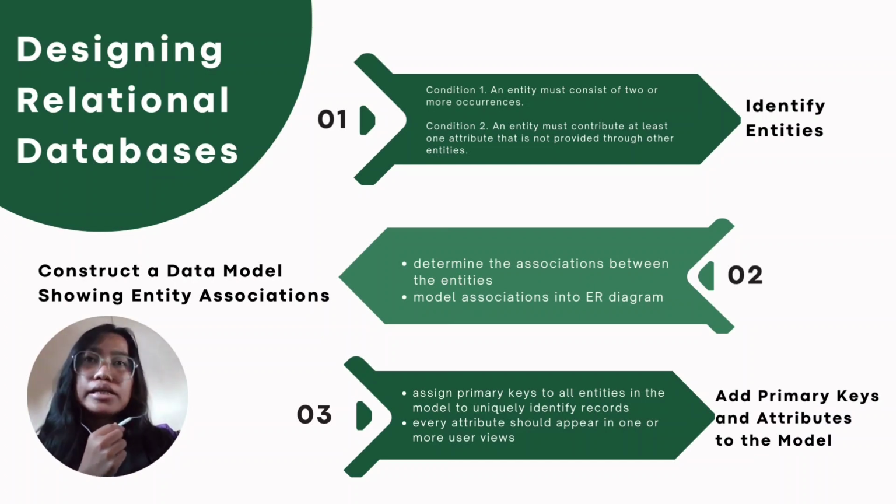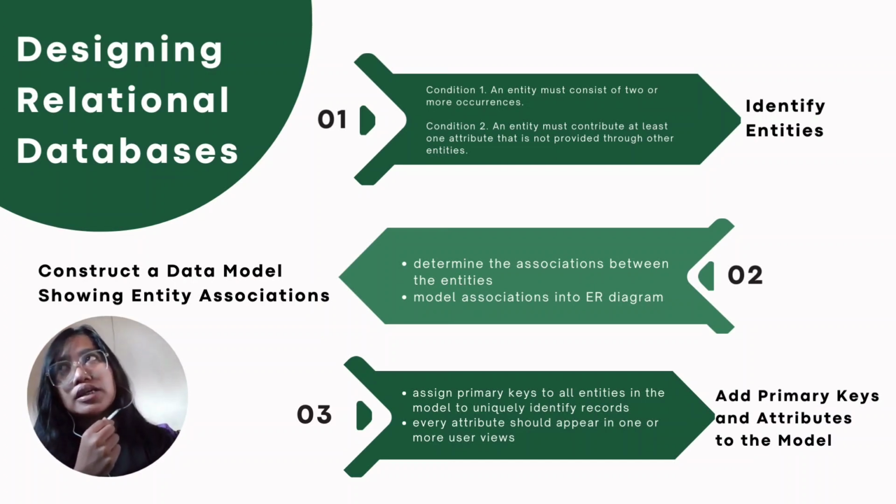So add primary keys. The next step in the process is to assign primary keys to the entities in the model. So the analyst should select a primary key that logically defines the non-key attributes and uniquely identifies its occurrences in the entity.